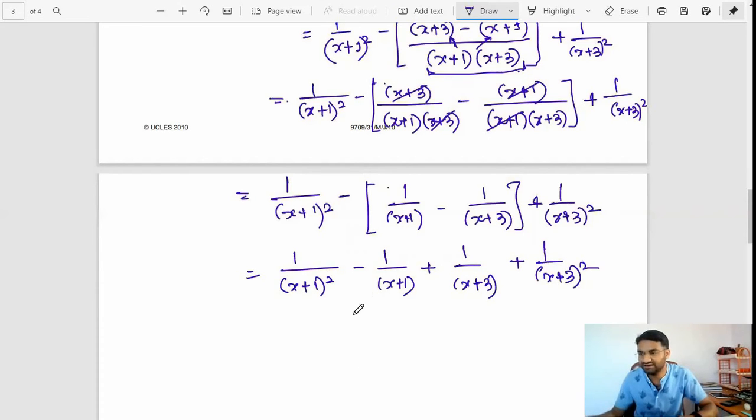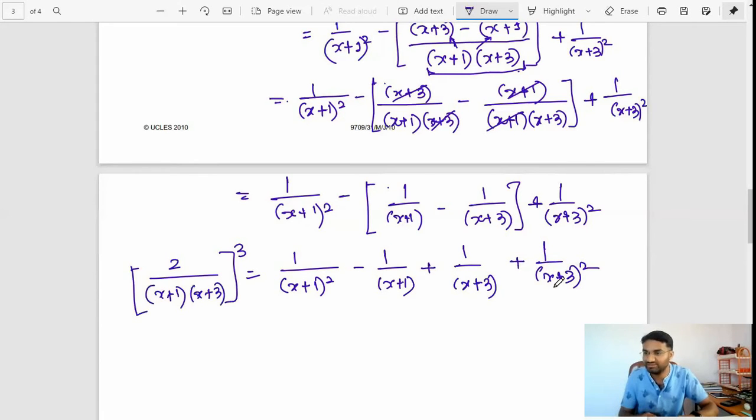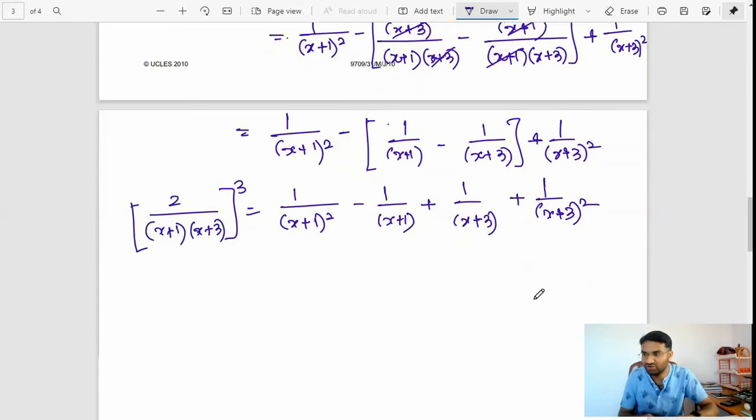So simply here, at the end, the square of 2 upon (x plus 1)(x plus 3), we got this whole part: 1 upon (x plus 1) bracket square minus 1 upon (x plus 1) plus 1 upon (x plus 3) plus 1 upon (x plus 3) bracket square. That is what you got, right?